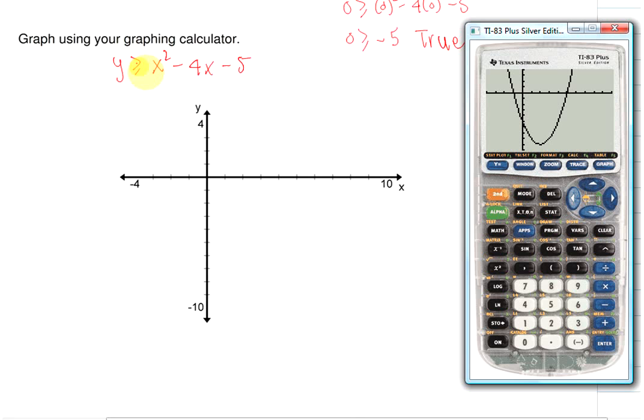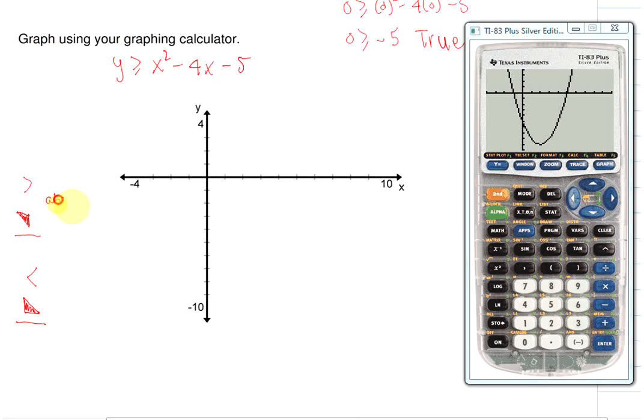Now we know we have greater than or equal to. So on our graphing calculator, the icon that means greater than is the one that graphs above the line, so that's this one here. And remember that less than means below the line. So that's this.